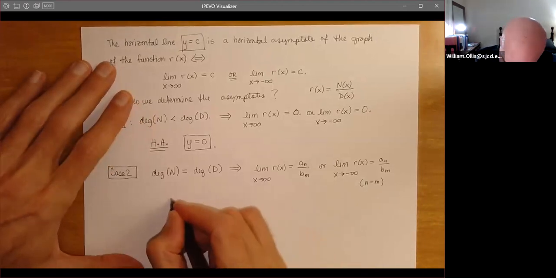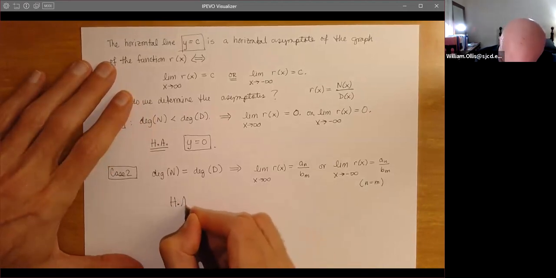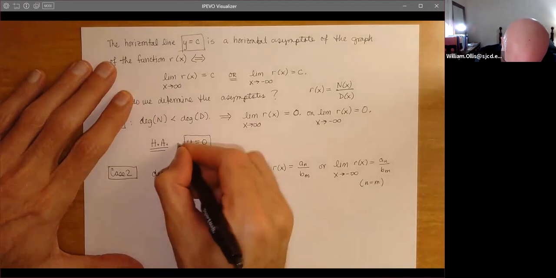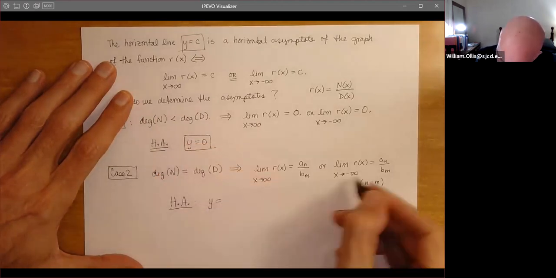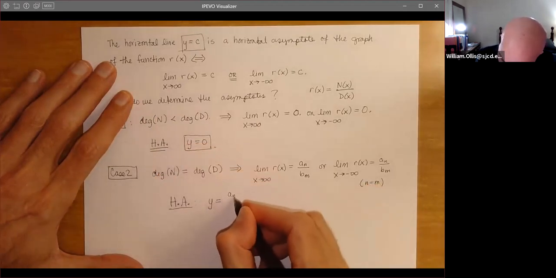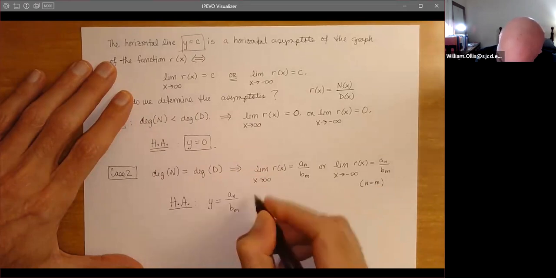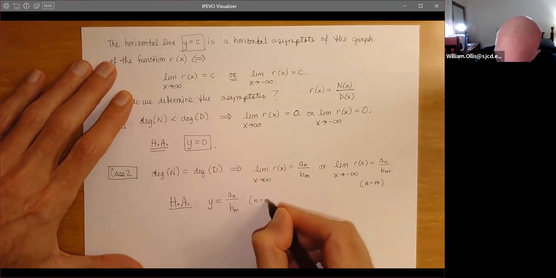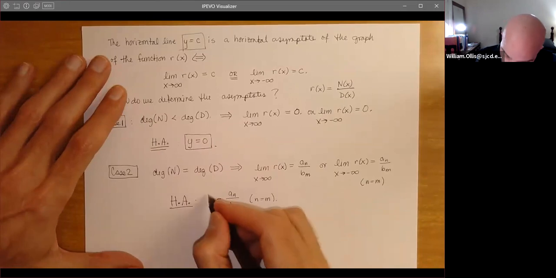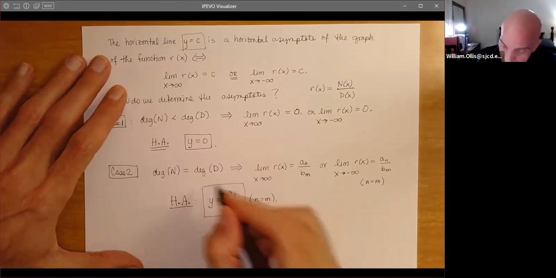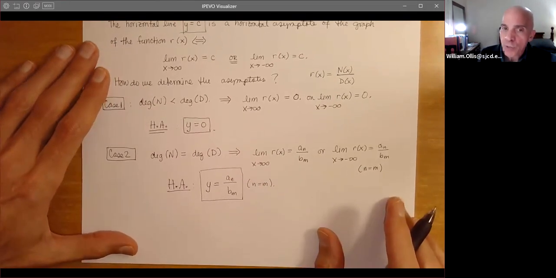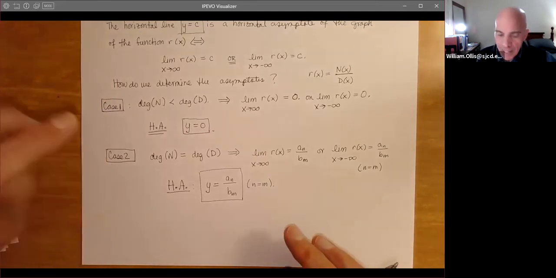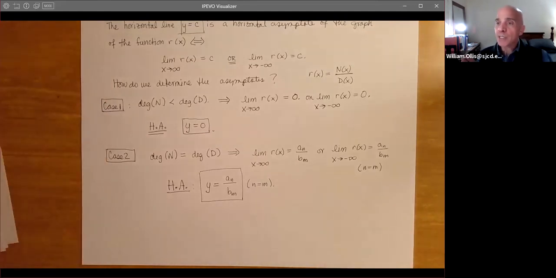So now this implies the horizontal asymptote is just Y equals the ratio of the leading coefficients, A sub N over B sub M. And in this case, of course, N and M are equal because the degrees are the same. So again, in case one and case two, we actually get a line that has 0 slope, horizontal.